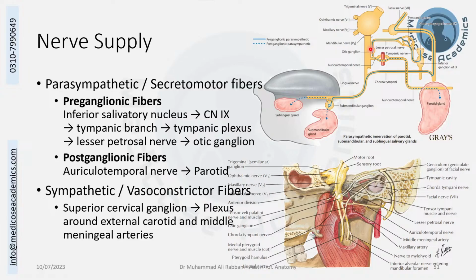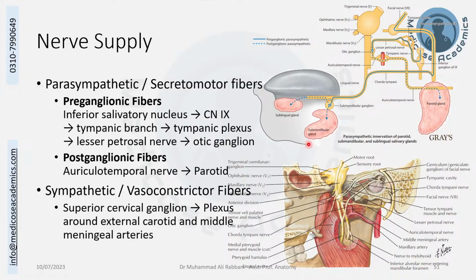A similar plexus is around the middle meningeal artery, which goes to the foramen spinosum. So there is a similar sympathetic plexus from the external carotid artery on the maxillary artery and on the middle meningeal artery going all the way up, and the sympathetic fibers from this jump to the auriculotemporal nerve, and go through it to the parotid gland.